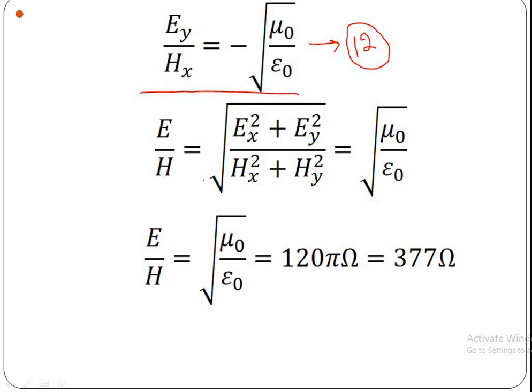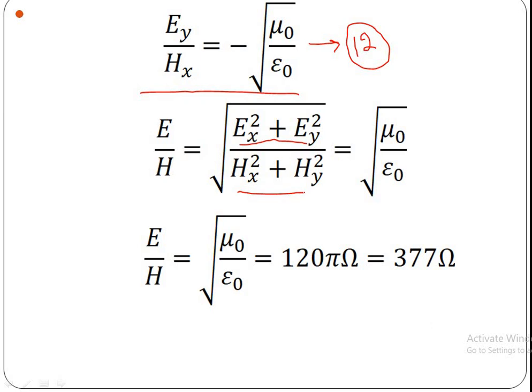So magnitude of H is square root of Hx square plus Hy square. Now, to simplify this equation, we may substitute E in terms of H, then cancel out, or you may substitute H in terms of E and cancel out.